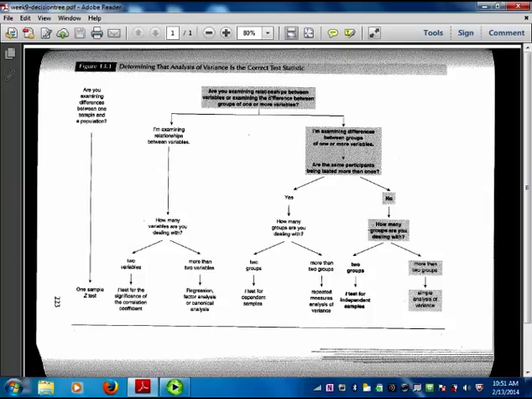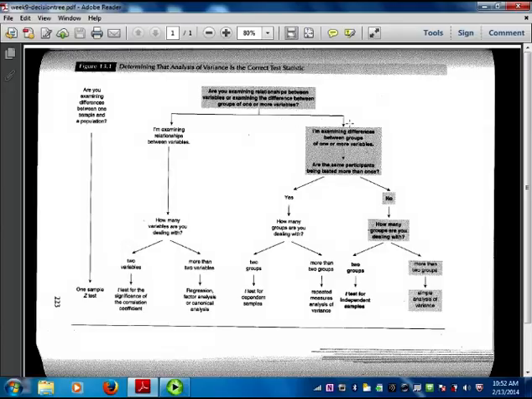So you really have to distinguish these two terms. One is relationship, the other is differences. Right now, we did not get into examining relationships yet. On the far left side here, we are focusing on comparing the mean differences.